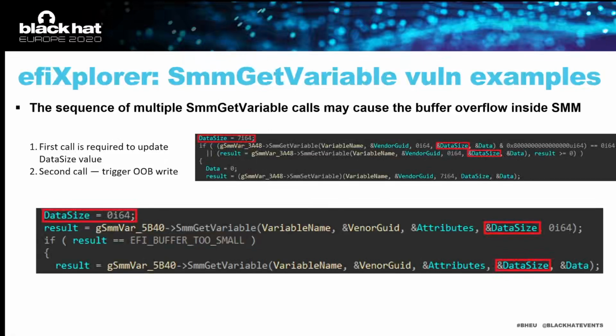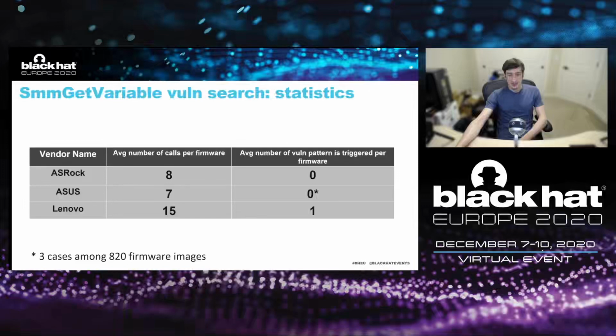For example, if there is a sequence of two calls which obtain same or different variable names, and this data size is implicitly updated underneath by the EDK library code, and this behavior is not properly handled, this results in a buffer overflow. Whether it's a buffer on a stack or buffer on a heap, in this context, this doesn't matter much, but it's just going to cause an out of bound write, whatever place the data is allocated at.